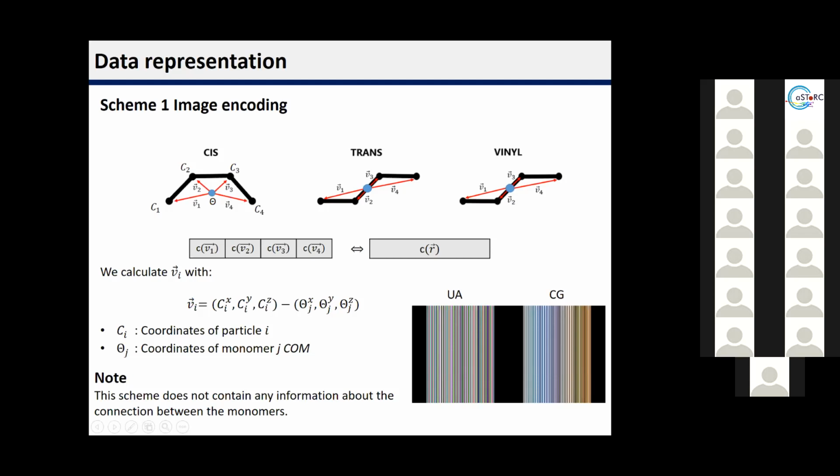And for the input image, we have the representation of the coarse-grained description, which contains again the information about the same chain.